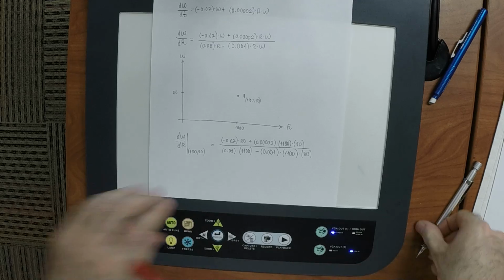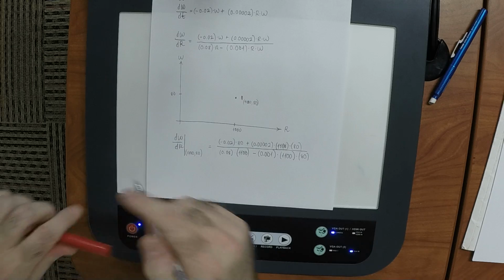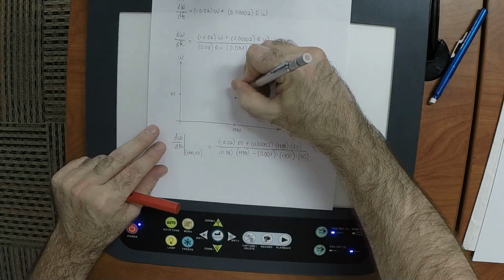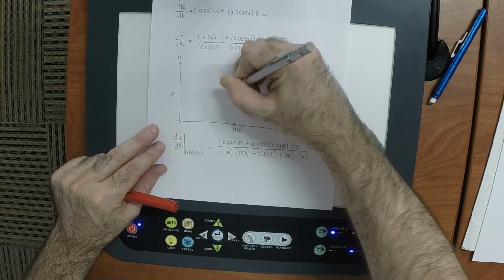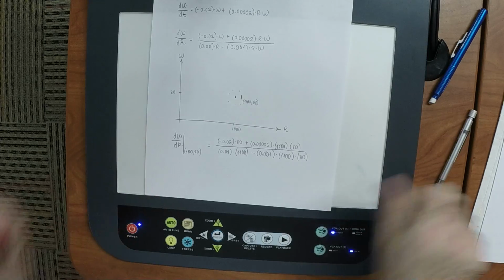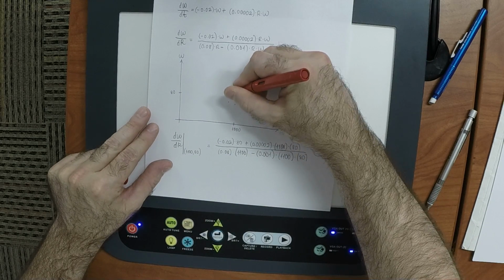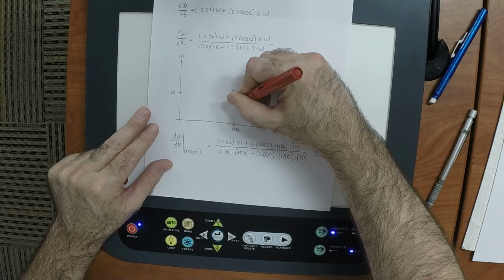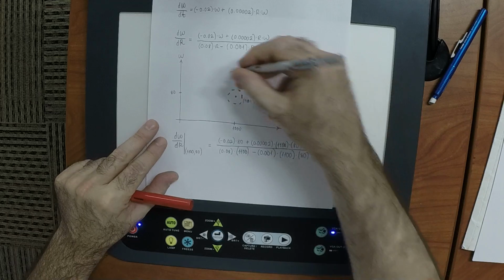Okay, so now you can imagine slowly and laboriously and tediously plotting a bunch of points and calculating the slope at all those points. Right? You can imagine doing it. And if you were to do it, it would end up looking like this. Something like that. And you could plot some more.